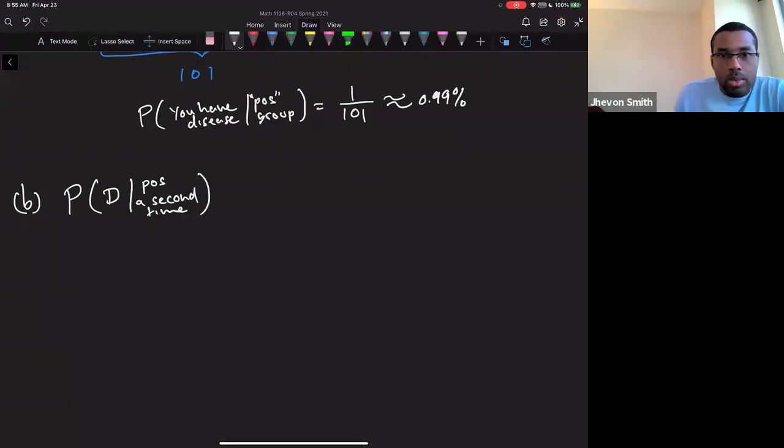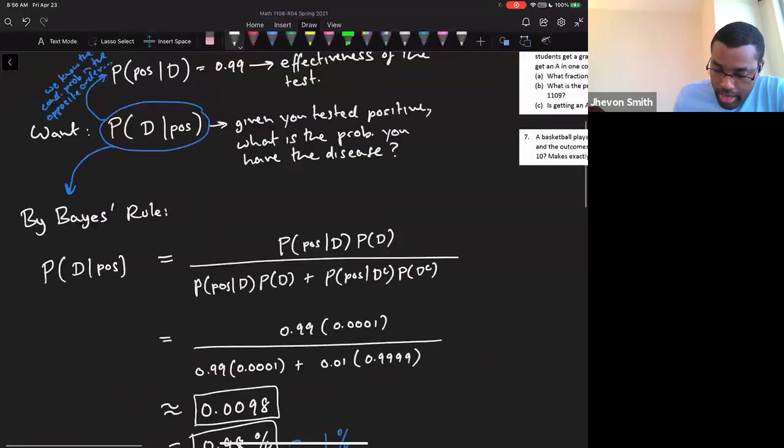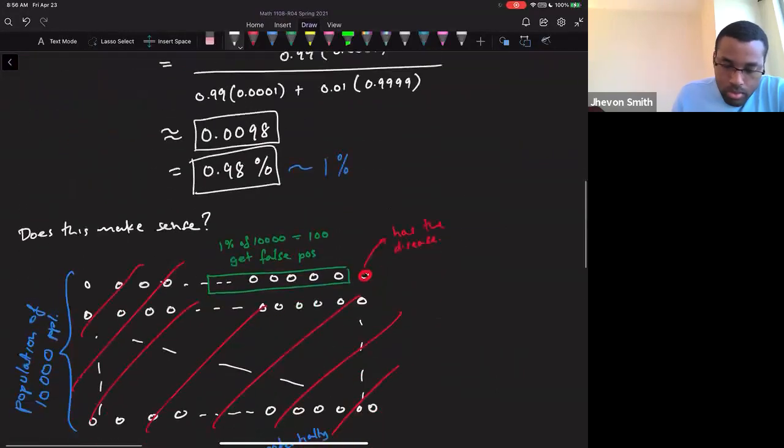There are many ways to do this, but for a two-part problem like this, I think it's the most straightforward way here: we will update P(D). For you, P(D) is now 0.0098.